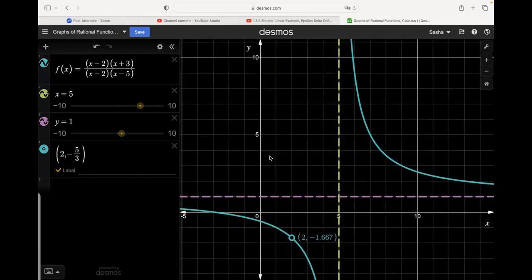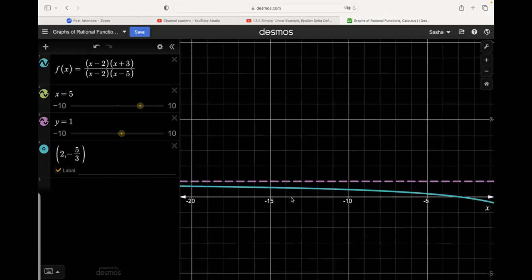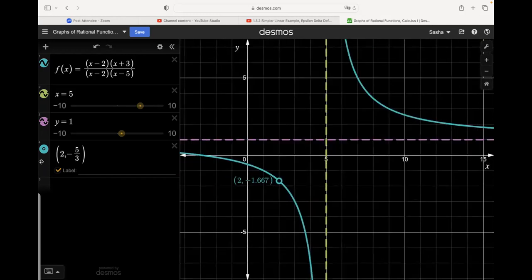Or as x gets very, very large in magnitude, but with a negative sign, what do the y values approach? And I told you that the answer was y equals 1, and I graphed the line y equals 1 here. We can see that that curve is approaching y equals 1 as x goes to positive infinity on the far right and x goes to negative infinity on the far left.